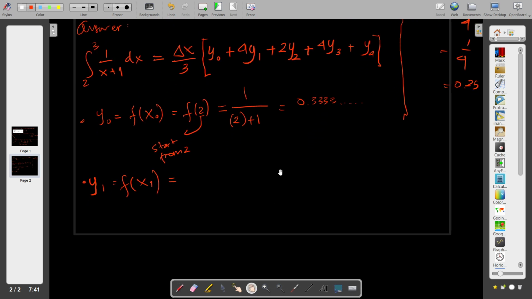So our delta x is 0.25, so the step between the previous x and the next x will be 0.25. So it must be f(2.25), because from this to this the delta x is 0.25.